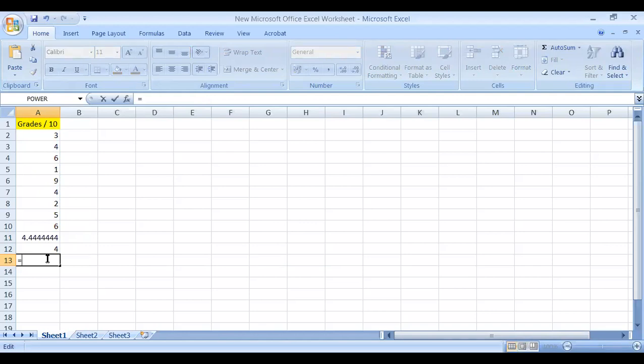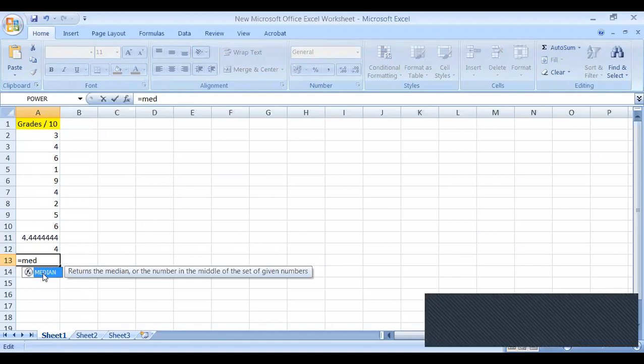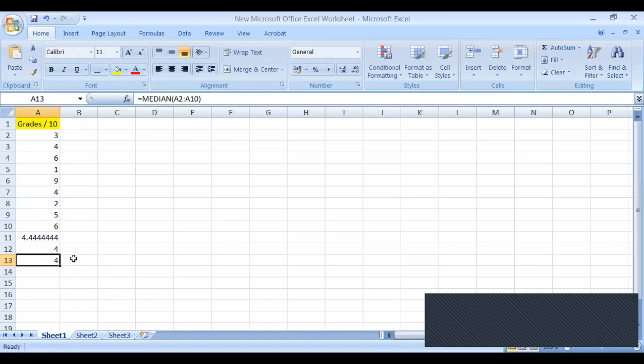And we can also have the median, right? Which returns median. Okay. So median is again 4, right?